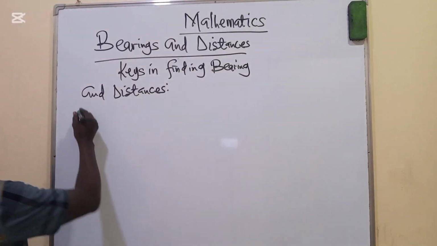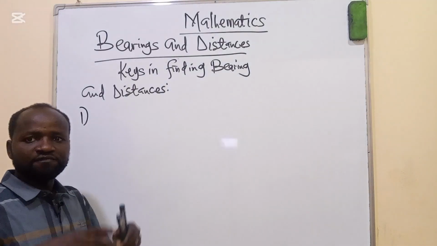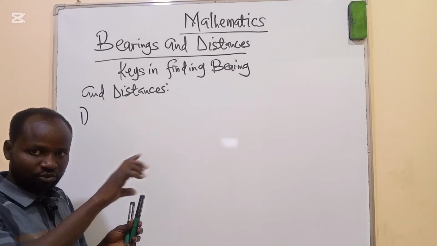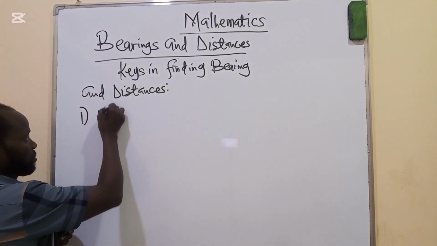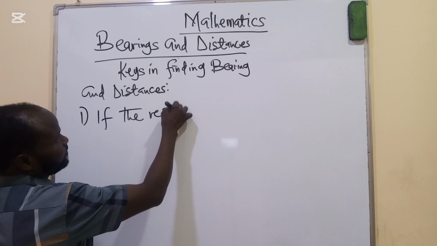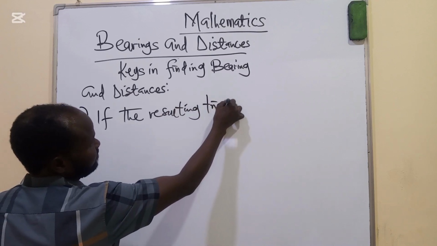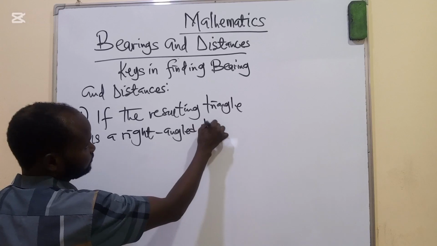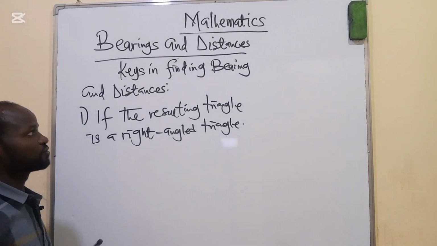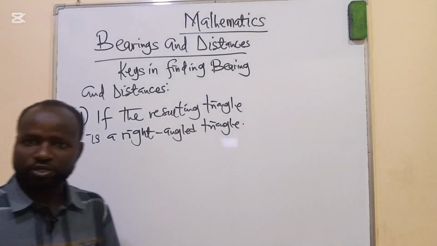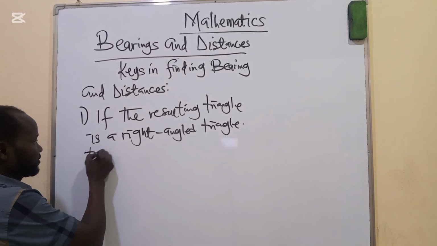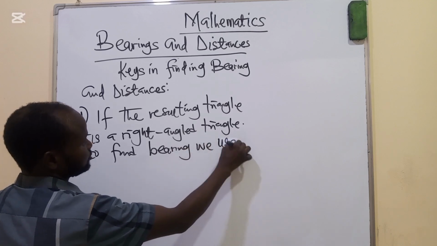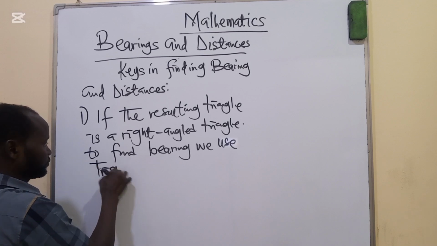Number one, the first key is after you finish drawing the bearing, if the resulting triangle is a right angled triangle, then to find bearing, we use the knowledge of trigonometry.